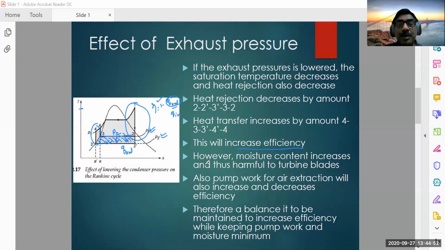However, there is one problem here. The moisture content increases, and thus it is harmful to the turbine blades. Previously, we discussed the practical difficulties of the Carnot cycle. We have discussed that particular point.